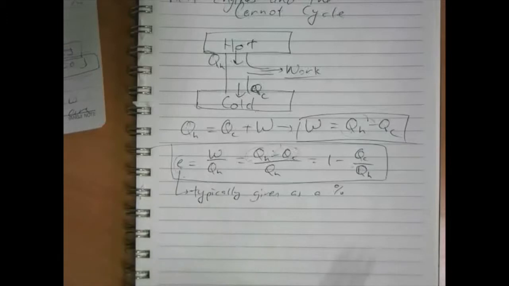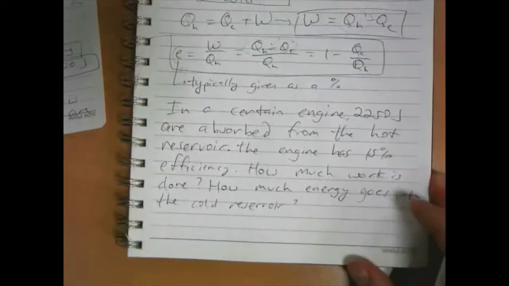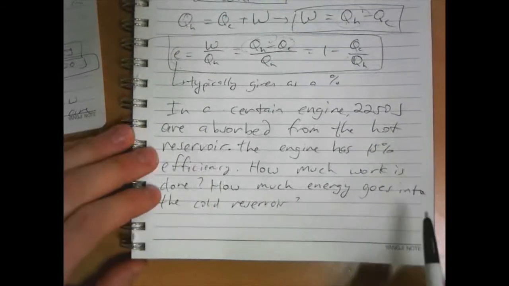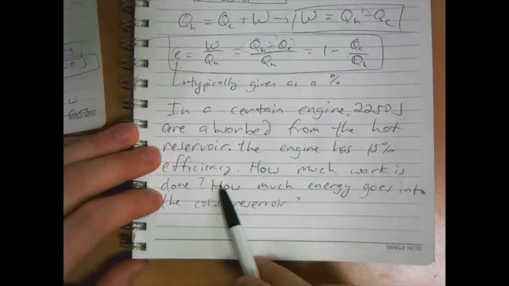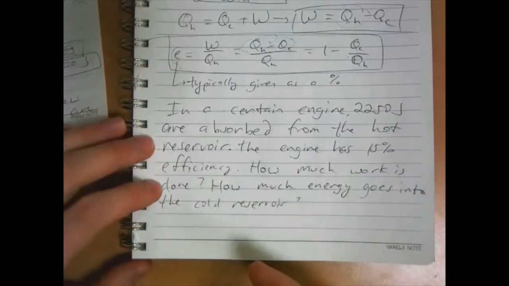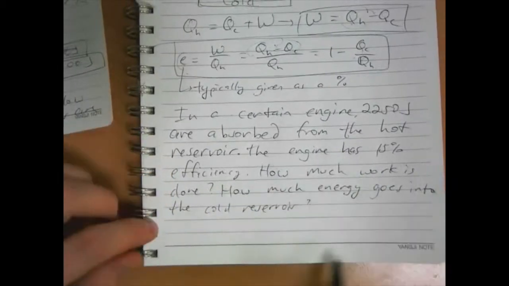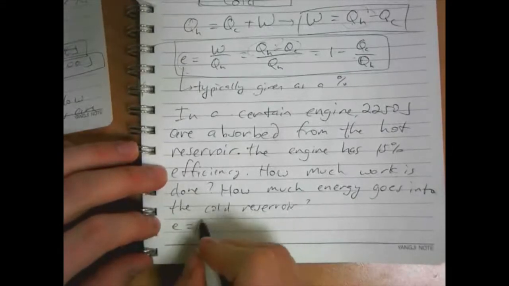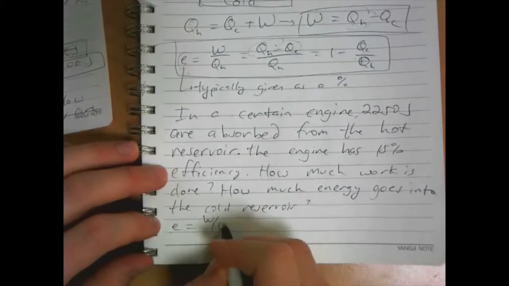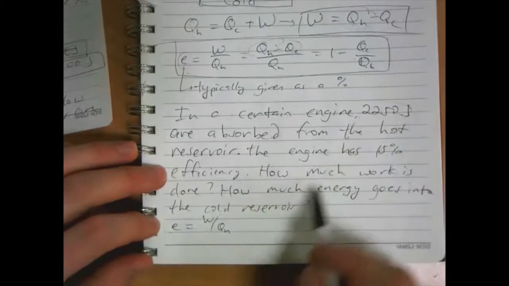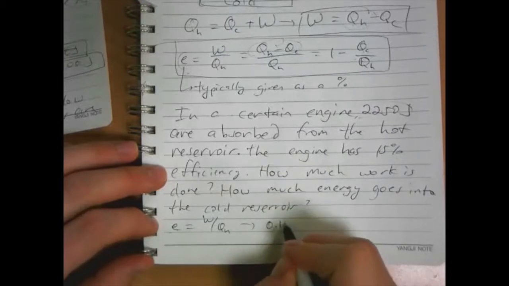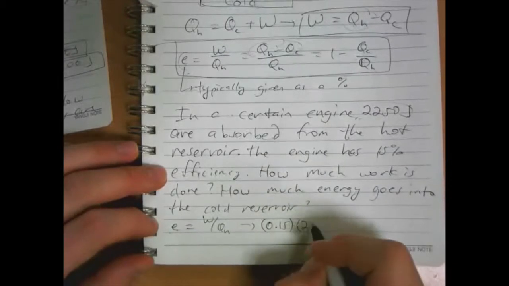So let's look at an example here. In a certain engine, we have 2,250 joules absorbed from the hot reservoir. The engine has 15% efficiency. The question is how much work is done and how much energy goes into the cold reservoir. Well, our efficiency is equal to work over Q hot, and our Q hot is 2250, and our efficiency is 15%, so 0.15 times 2250 would be equal to our work.